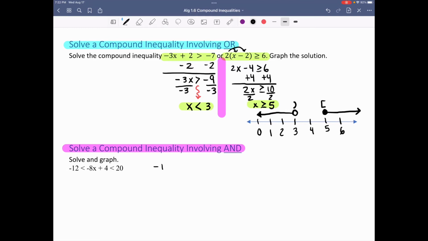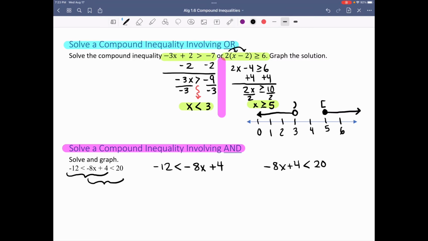We have the negative 12 is less than minus 8x plus 4. And then we have the other part of it, which is negative 8x plus 4 is less than 20. So I had to write this 2 times. I had to write this piece, and then I had to write this piece.